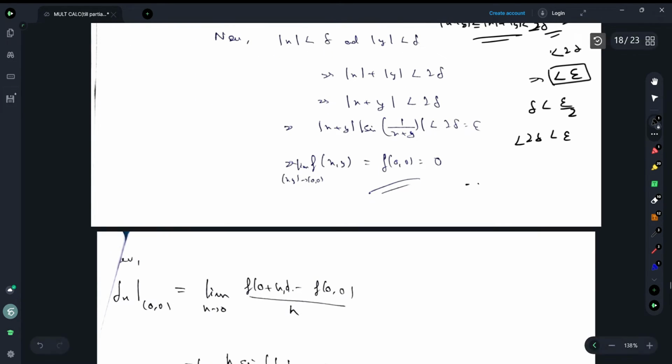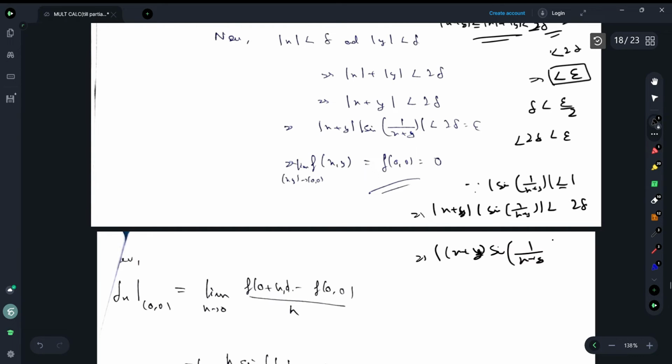Now since mod of sine of 1 over x plus y is less than or equal to 1, we can just multiply it here. So mod of x plus y times mod of sine of 1 over x plus y is less than 2 delta, which implies mod of x plus y times sine of 1 over x plus y minus 0 is less than 2 delta, and delta is less than epsilon over 2, so this is automatically less than epsilon.